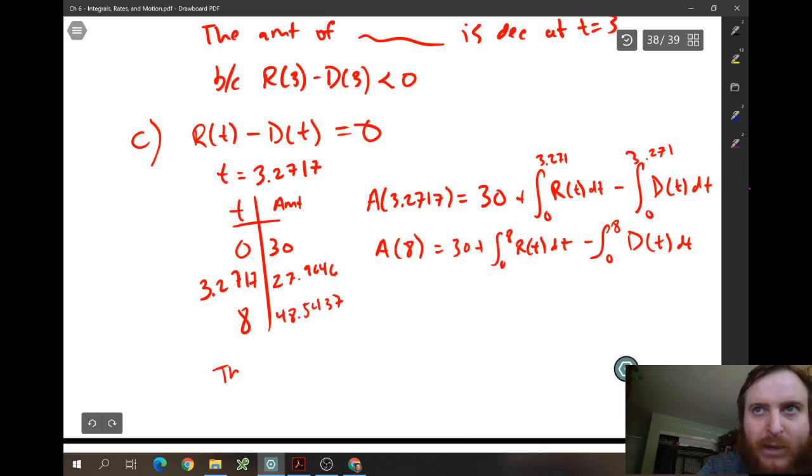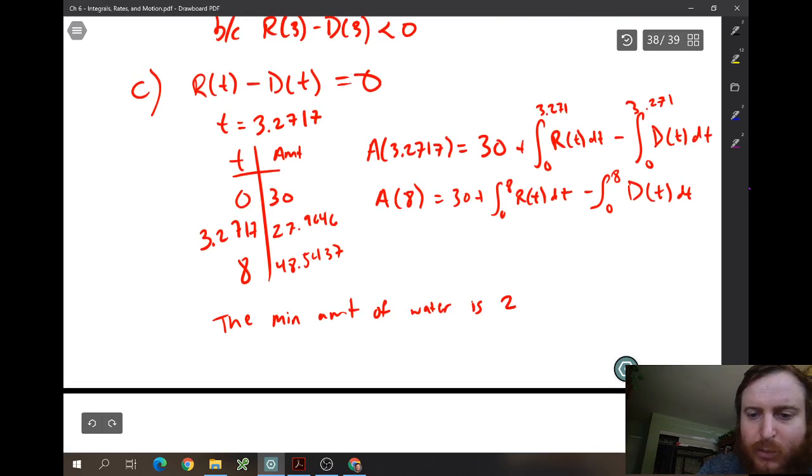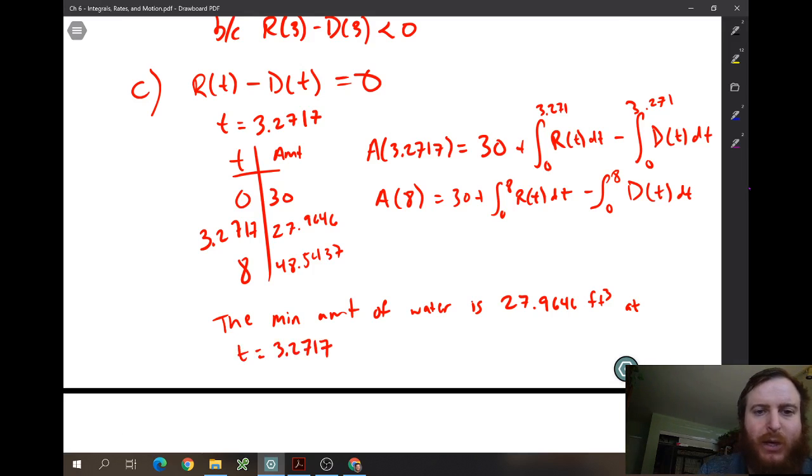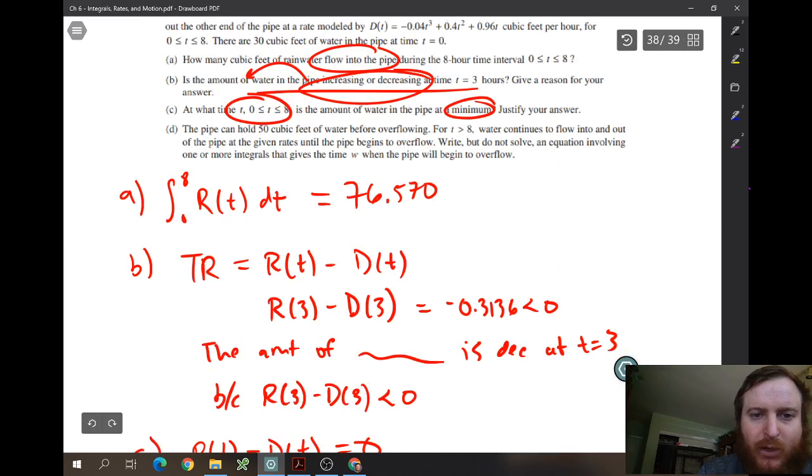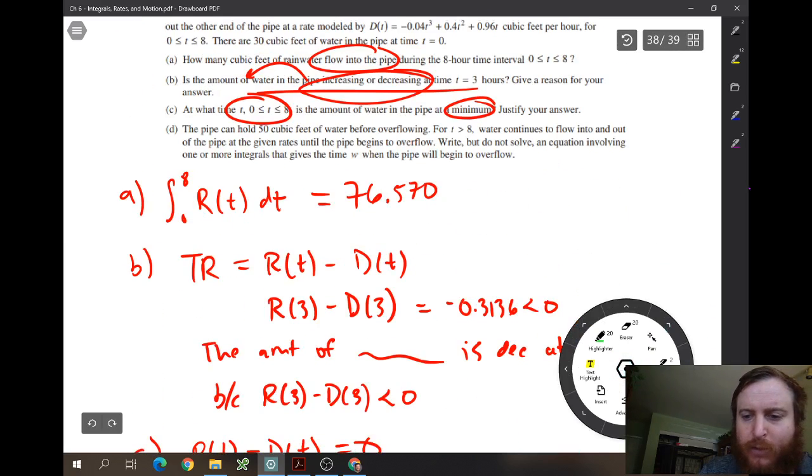And so the minimum amount of water is 27.9646 cubic feet, at time equals 3.2717. I always say what it is.